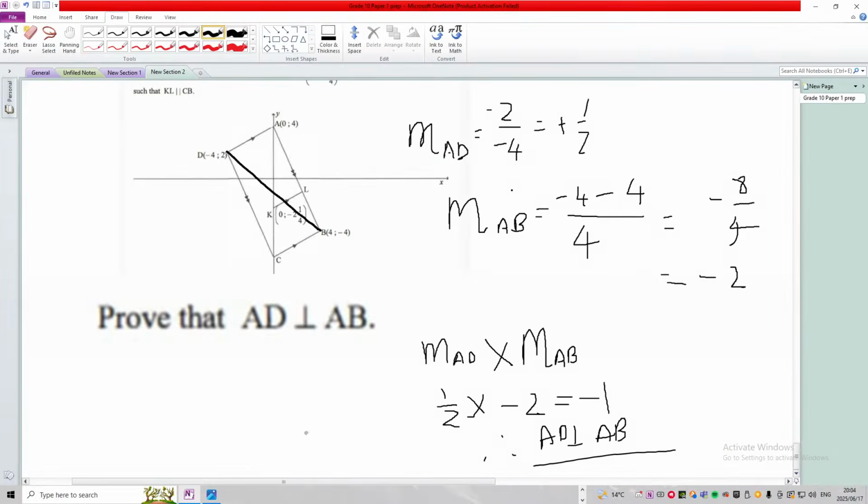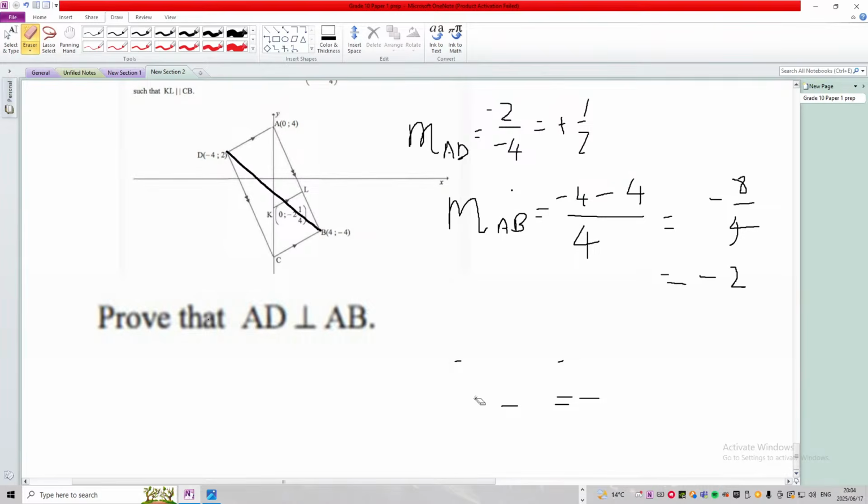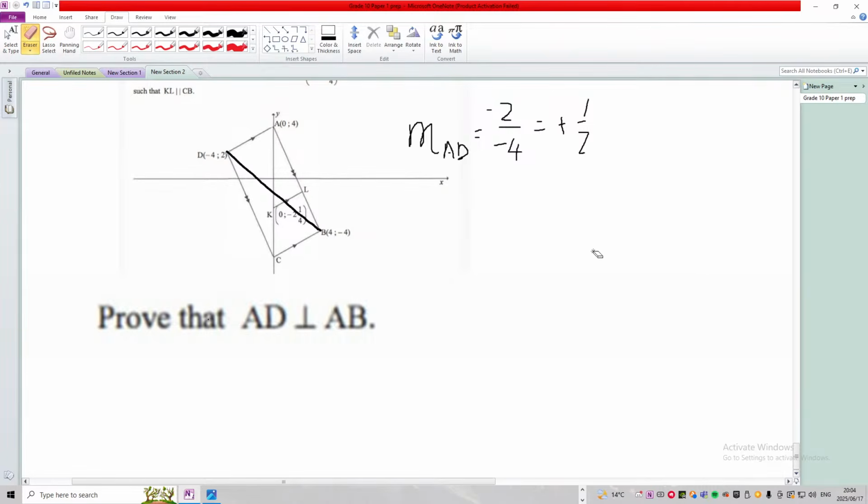We know a few things about the rectangle. We need to prove a few things of the rectangle first, and then we can claim it to be a rectangle. We can't just look at a shape and say, this is a rectangle.